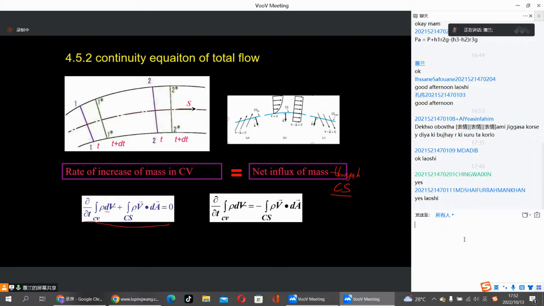The volume of the differential element times density will be the mass of the differential element, and integrate over the control volume and then take the time derivative. So this one actually corresponds to the mass change rate inside the control volume, or the mass change rate inside the spray can.